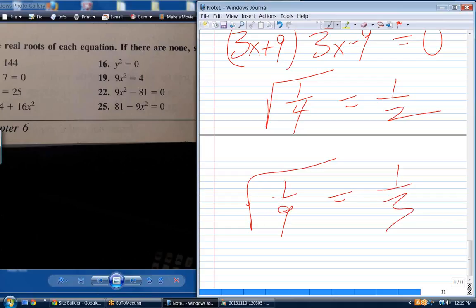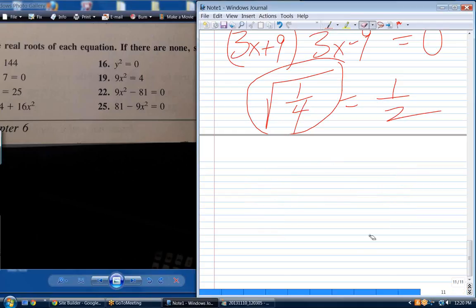Notice something else here. When I say the square root of 1/4 and I write it like that, that implies the positive square root. Notice that I did not write a plus or minus in front of my half. Same thing with the 1/9. The reason is that math has to have the ability to distinguish between this and this.